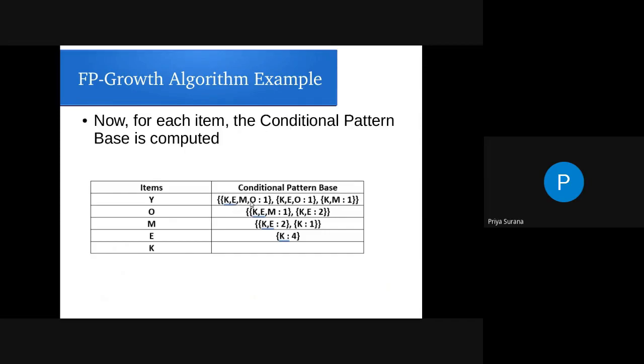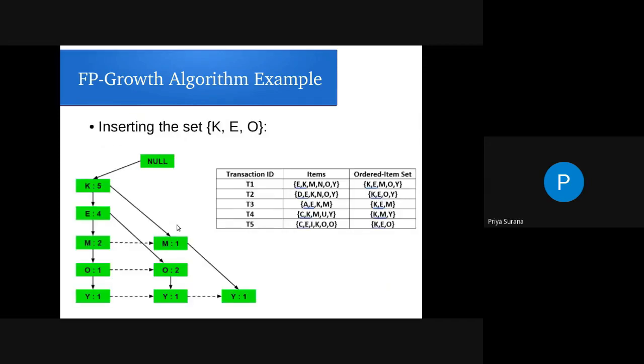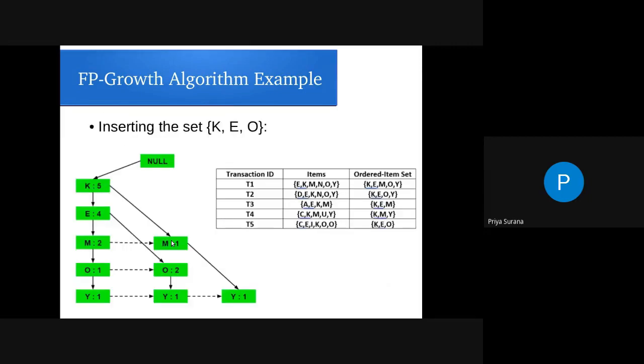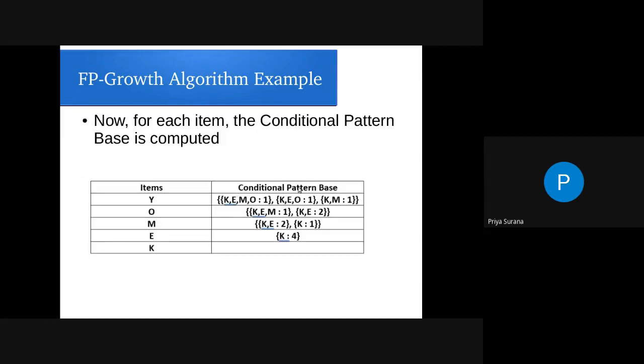So K, E, M, O, 1. Now same if you check for Y, O, M: K, E, O, that is also there. That is nothing but same way whatever we discussed. So that is the conditional pattern base. So accordingly the conditional pattern base is built. That depends on which atoms are there or which links are there.